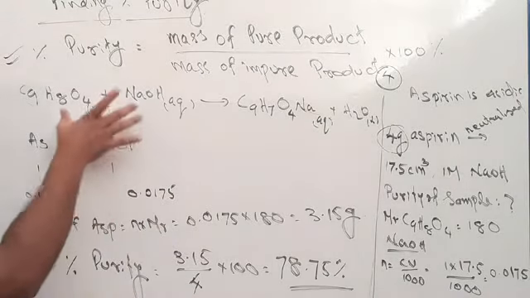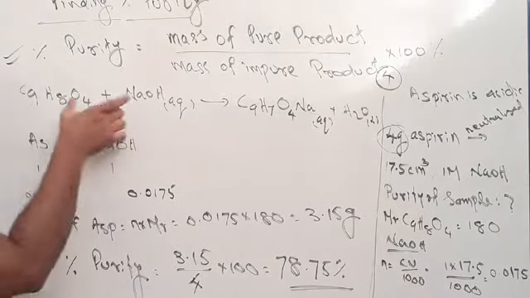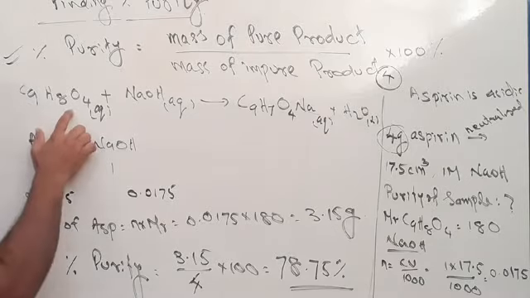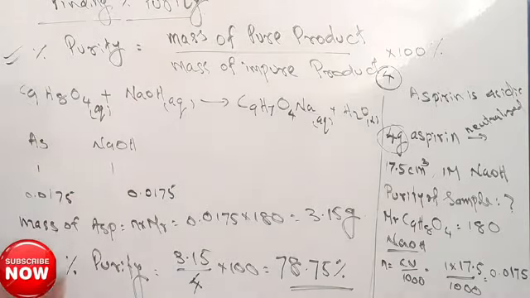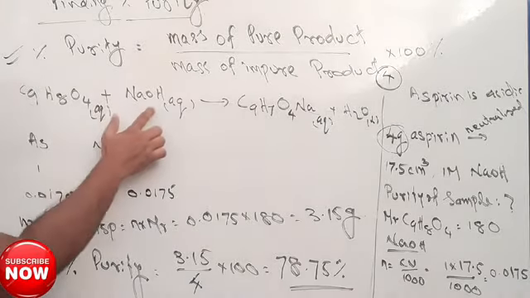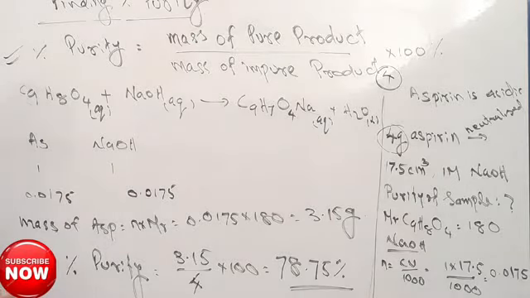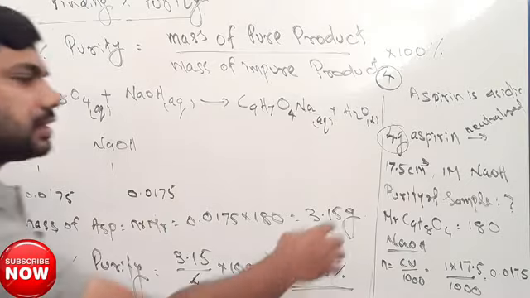This is the equation. Using this equation you can see 1 mole aspirin reacts with 1 mole sodium hydroxide. Aspirin and sodium hydroxide mole ratio is 1:1.